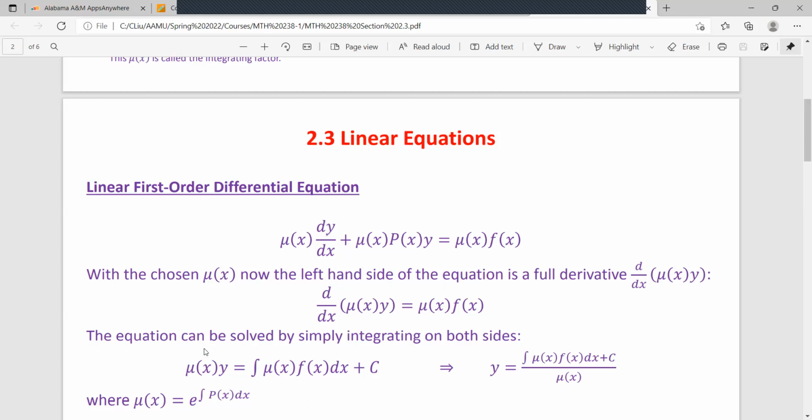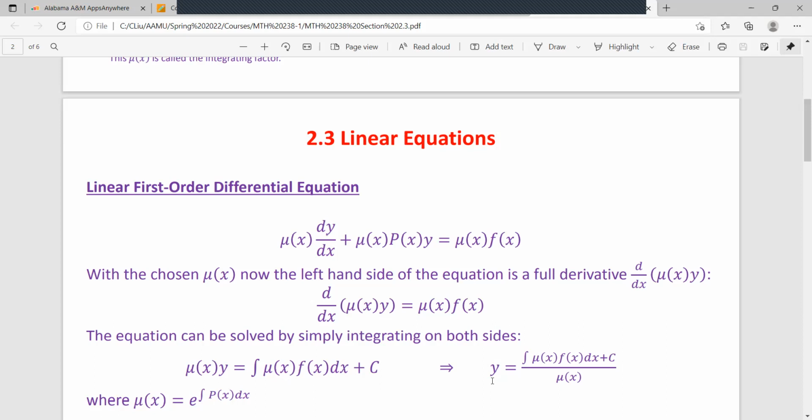If you do that, what you're going to get is mu times y on the left. Remember, if you integrate the derivative, you get the function back itself. And on the right side, we get the integral of mu times f plus c. This time we do need to include the arbitrary constant c. So now you just divide by mu on both sides to find the solution y of the original differential equation.